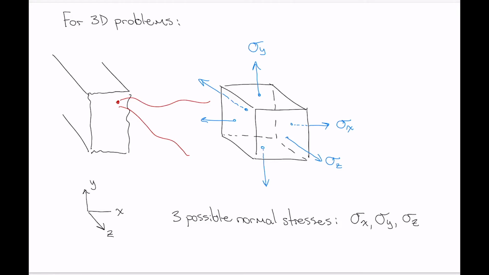For shear stresses, let's see how many different shear stresses we can have when we're dealing with 3-dimensional problems. So I'm going to draw that volumetric element that I had again.